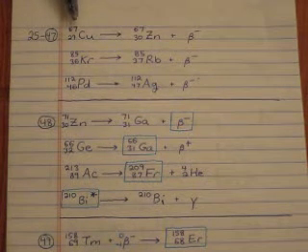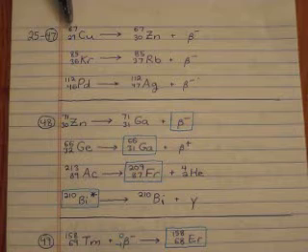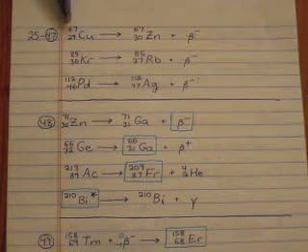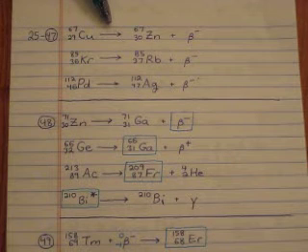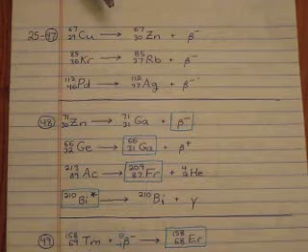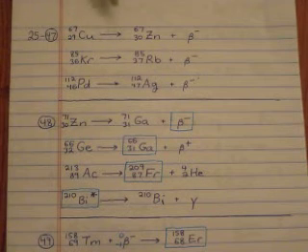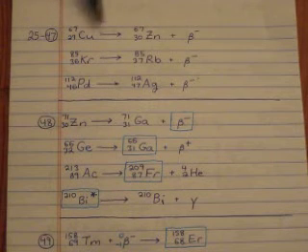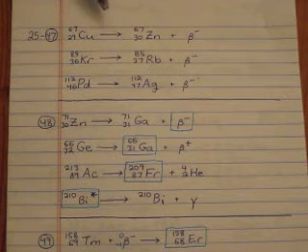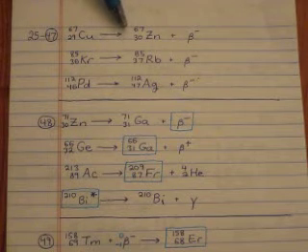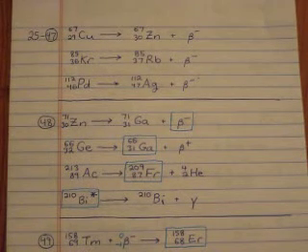So copper with a mass of 67 and a charge, it's the nucleus, so the charge of 29, is going to result in, and always for beta minus decay, the mass is going to stay the same and it's going to go up 1 in atomic number. So this will become the element that has the atomic number of 30, which is zinc, and it's zinc 67.